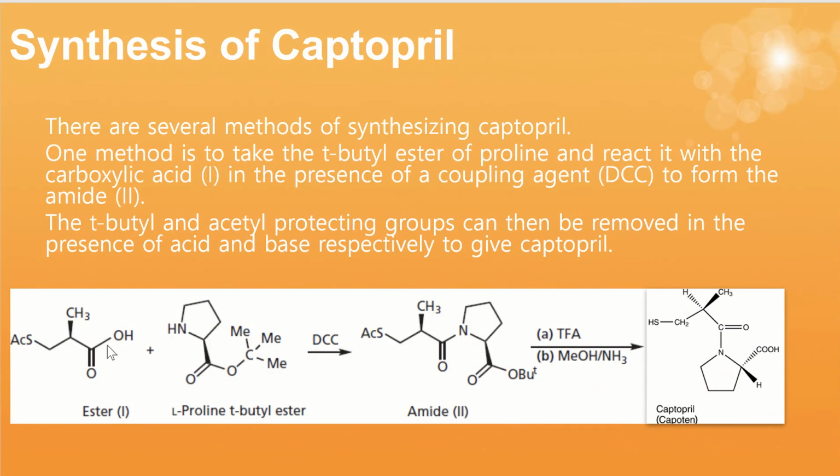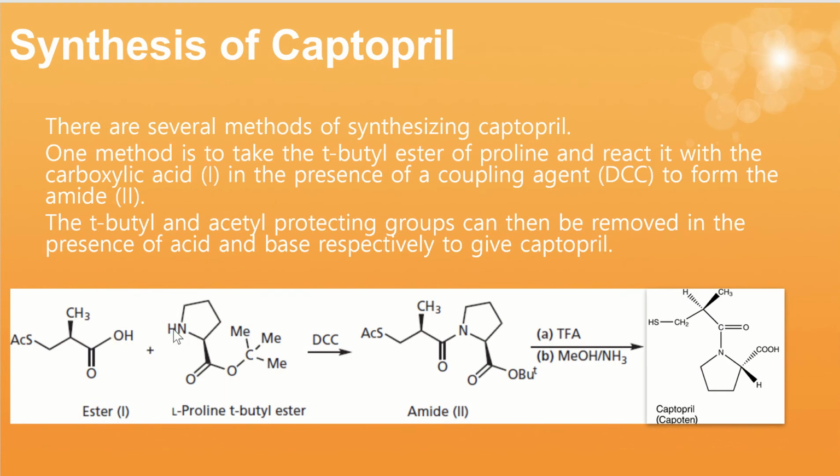So this is our carboxylic acid, and this is our T-butyl ester, and in the presence of our coupling agent, we basically have a new bond between our nitrogen and our carbonyl here. What is missing, and this is how you're supposed to be looking at this, is actually a water molecule.